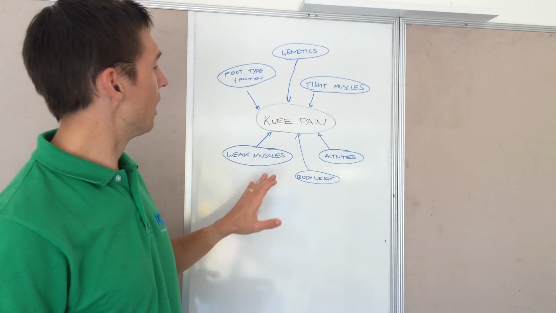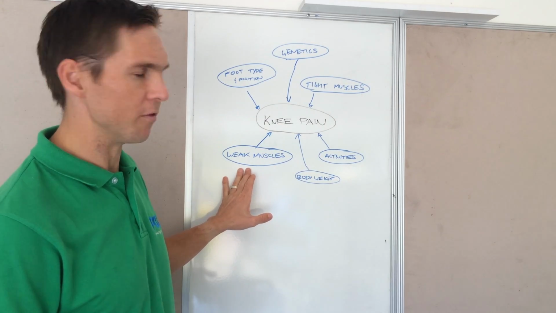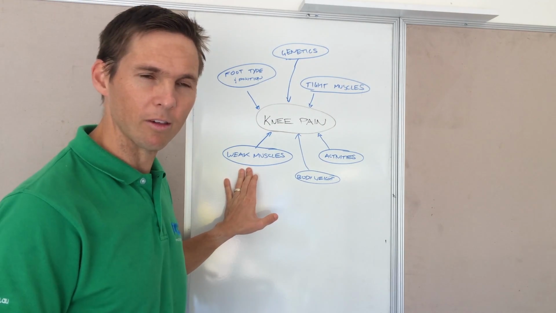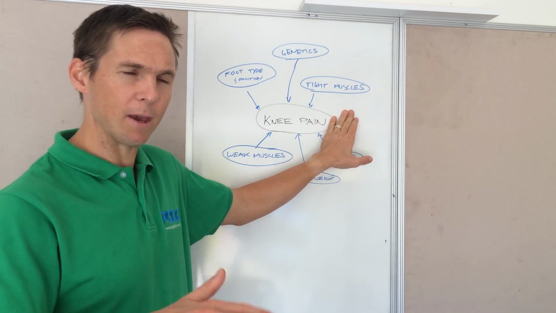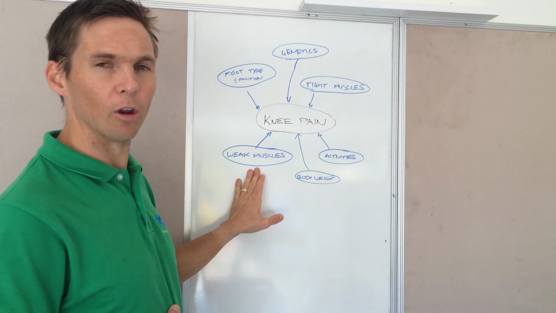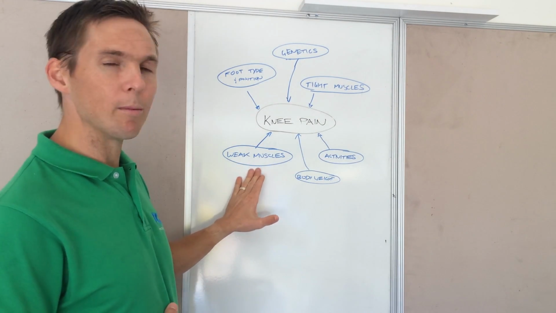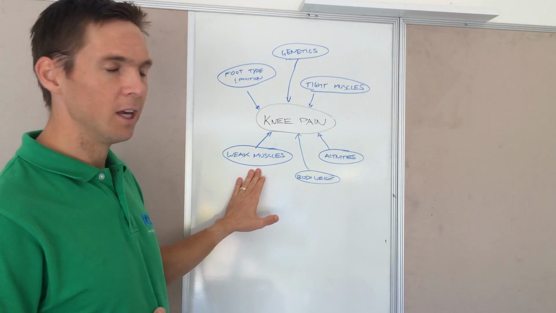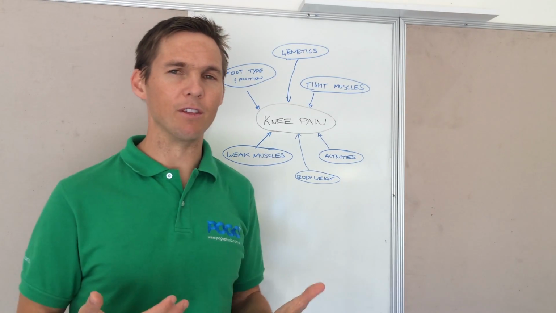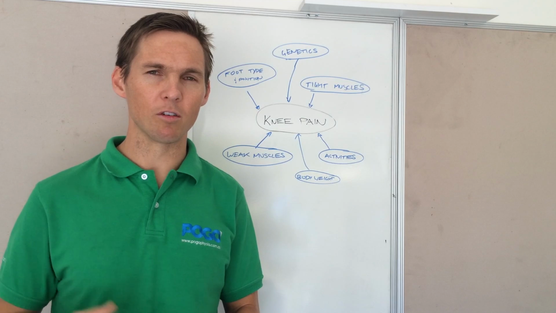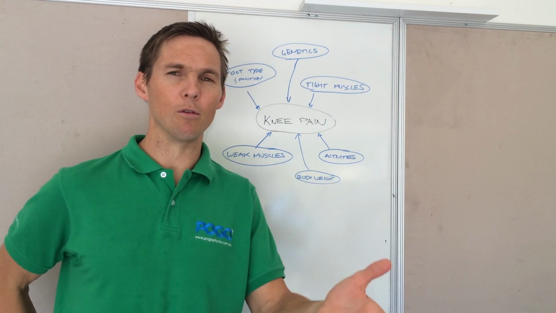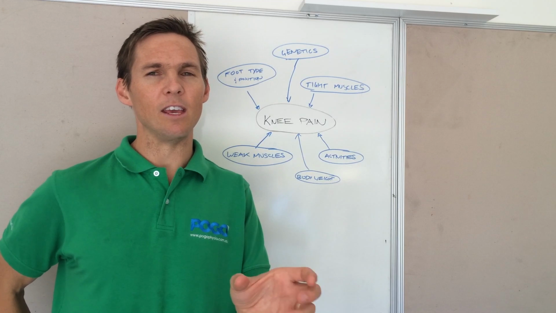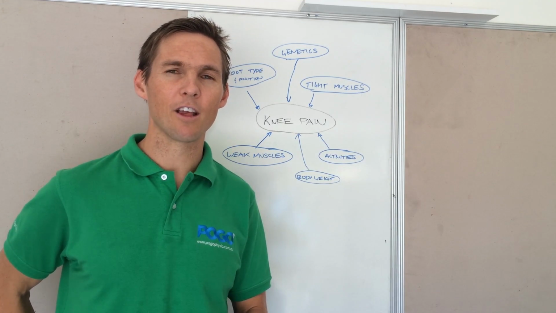One of the other key contributing factors and causes of knee pain is weak muscles. So we've had tight muscles, those muscles that cross and span the knee joint. We've also got weak muscles. Weak muscles will typically refer to the muscles sitting above the knee. These muscles include muscles of the hip, the glute max, the glute medius, and the deep hip external rotators.